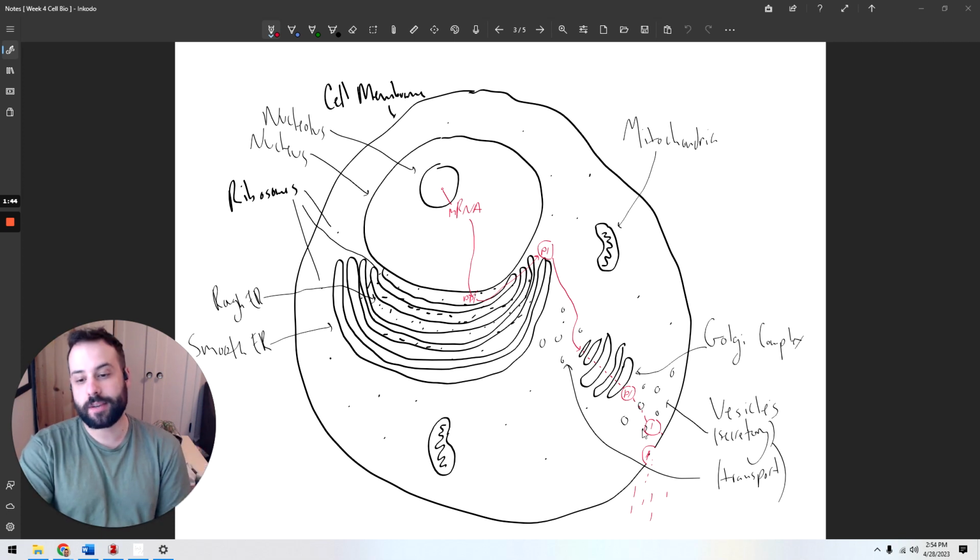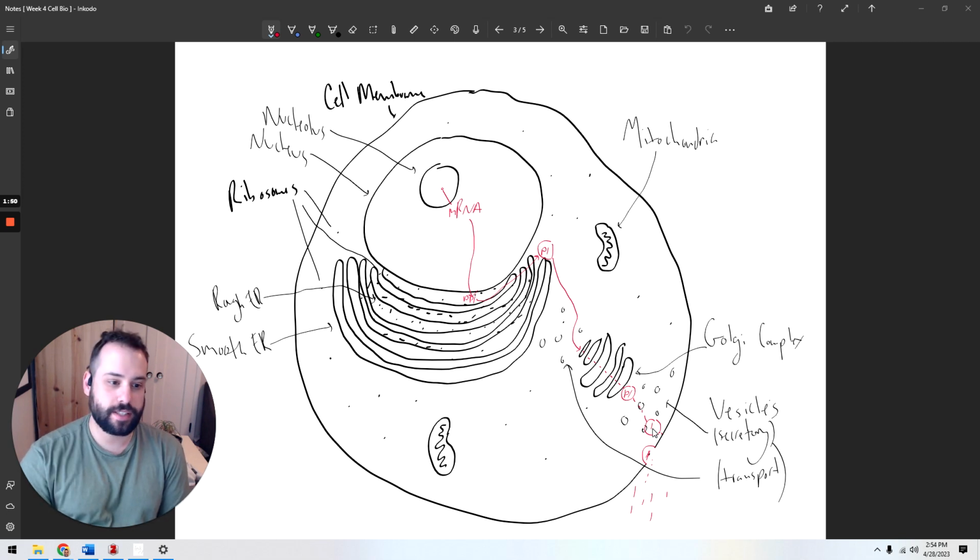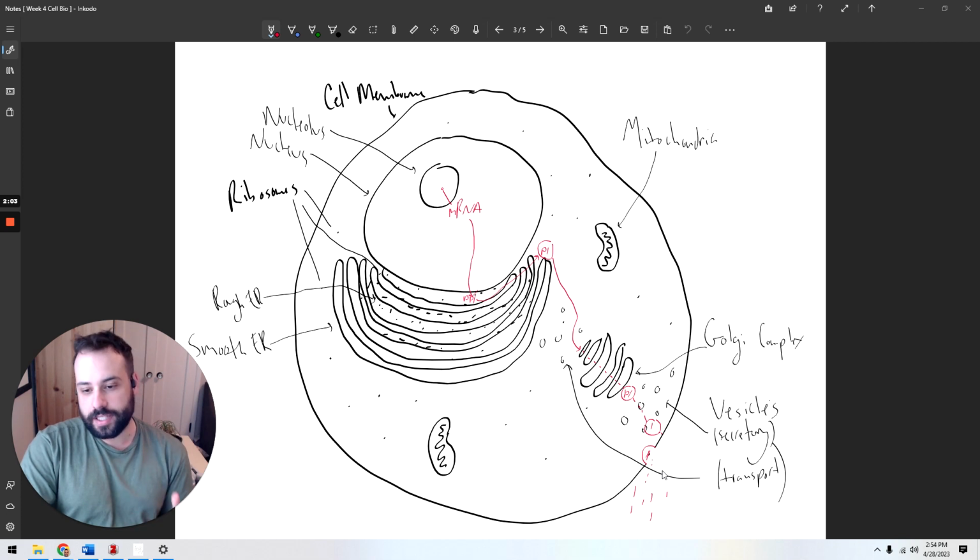Then the insulin is stored in these secretory vesicles until glucose comes around and tells the cells that they need to release. And then the vesicle attaches to the cell wall and releases the insulin into the bloodstream to travel to whatever cells need glucose.